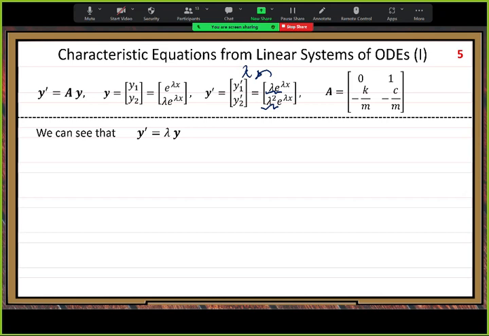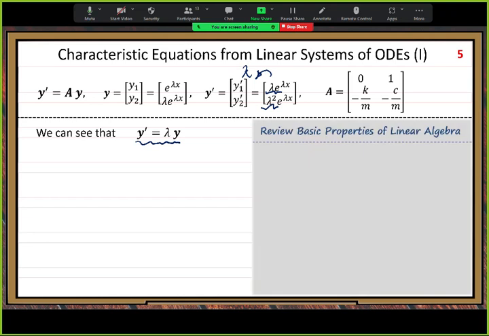After we factor that one lambda out, we get this y prime vector equals lambda times y vector. Here, we use a simple property in linear algebra. So let me review that simple property, the basic properties of linear algebra.